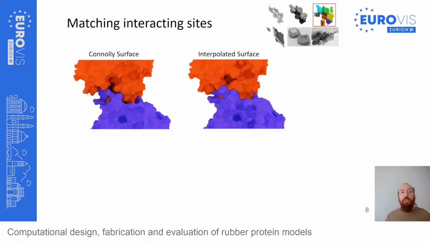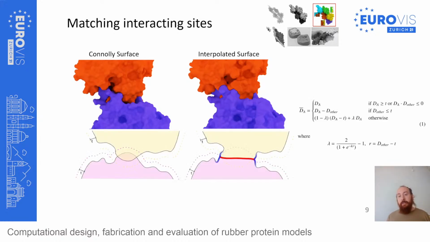To ensure this correct match, we deform the Connolly surface of the subunits locally at the interacting sites, so that they perfectly match together and guarantee a smooth interaction surface. We do so going from what we call the Connolly surface here on the left to an interpolated surface here on the right, applying for each subunit an interpolation scheme that is defined on an implicit representation of the surfaces as distance fields. And this scheme works like this.